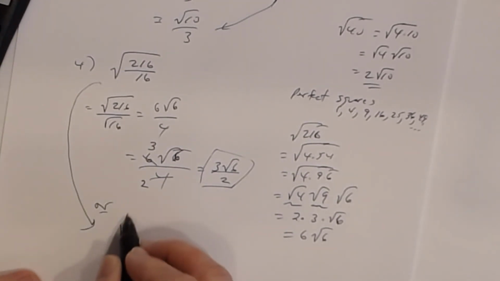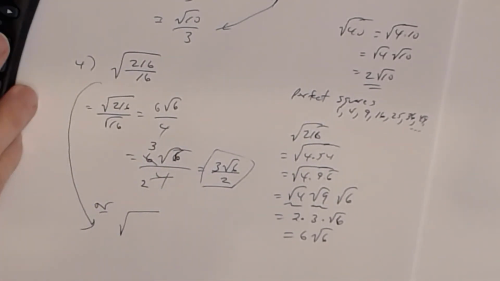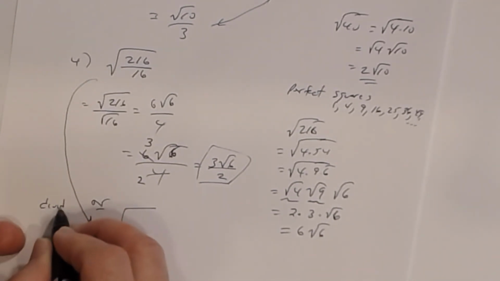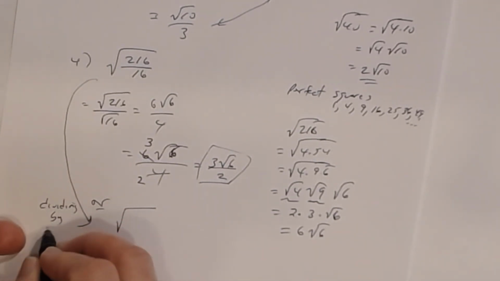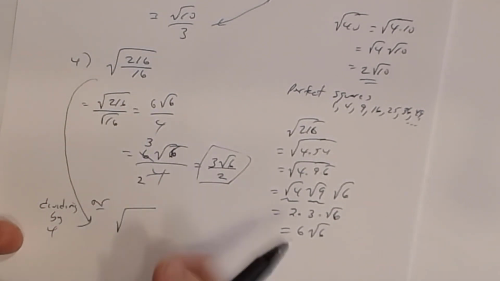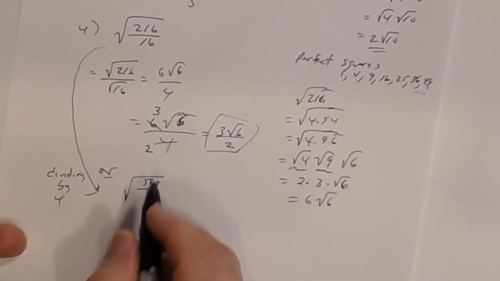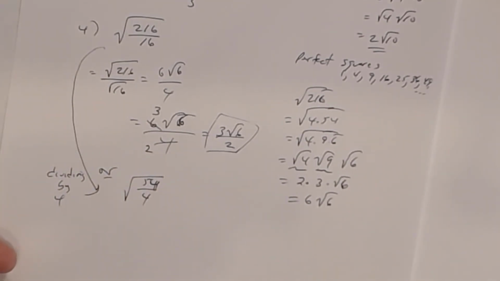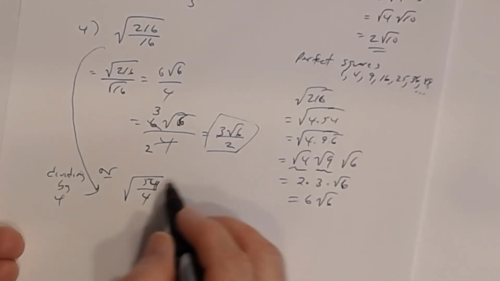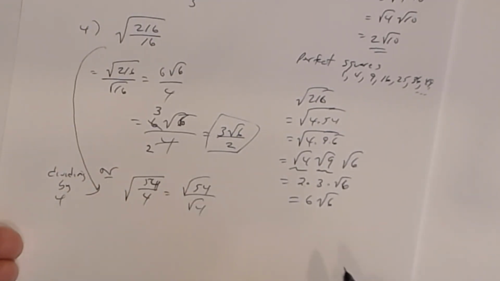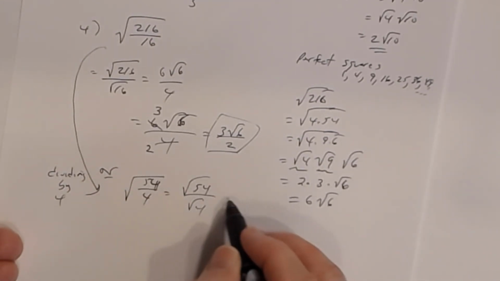I get the square root of 54, since 216 divided by 4 is 54, and 16 divided by 4 is 4. Now using the quotient property, I can write this as the square root of 54 divided by the square root of 4. The square root of 4 is 2.